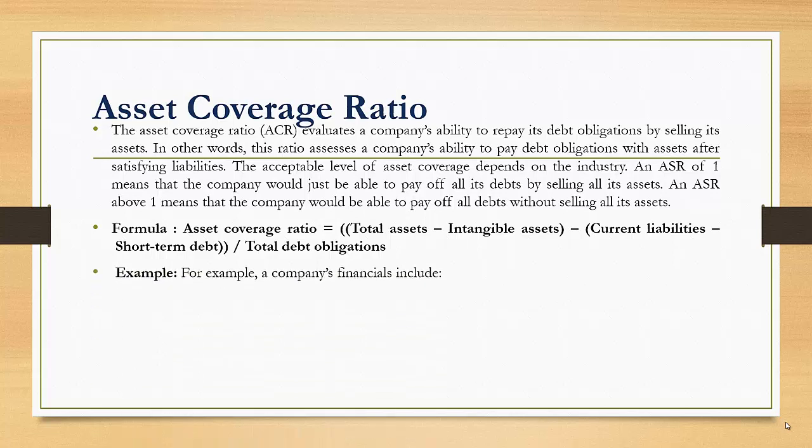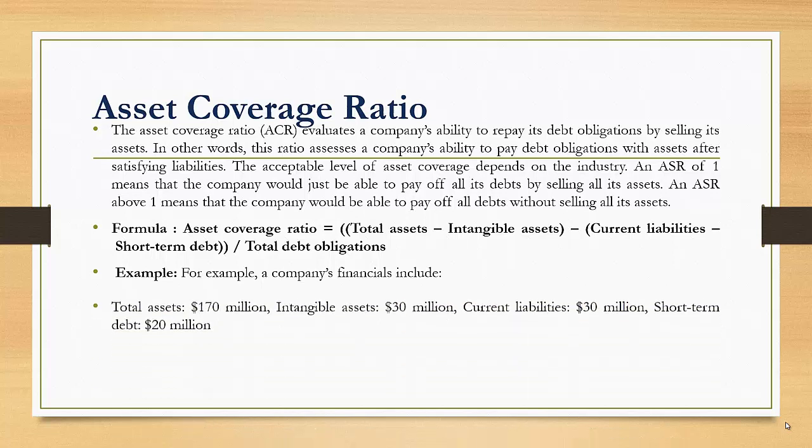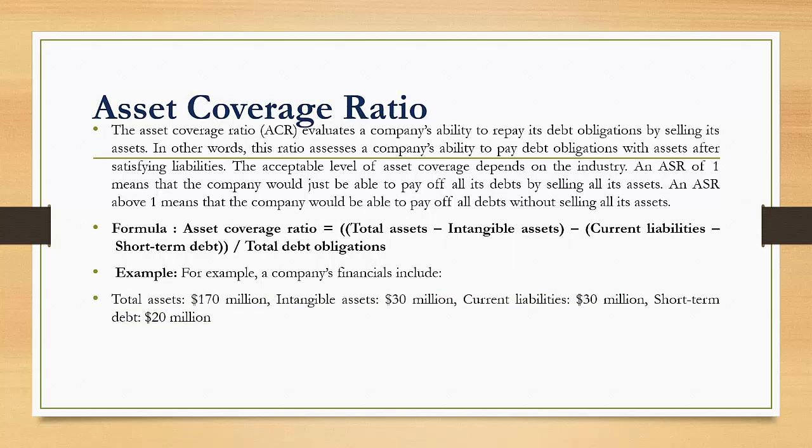Let's have a look at the example. For example, a company's financials include total assets $170 million, intangible assets $30 million, current liabilities $30 million, short-term debt $20 million. So the total debt will be $100 million.